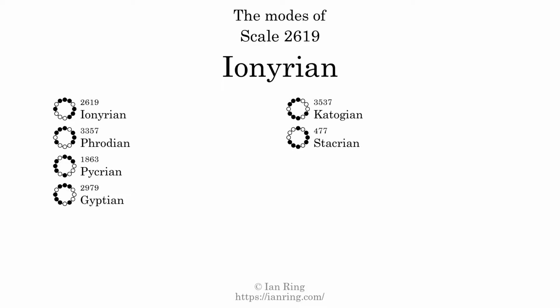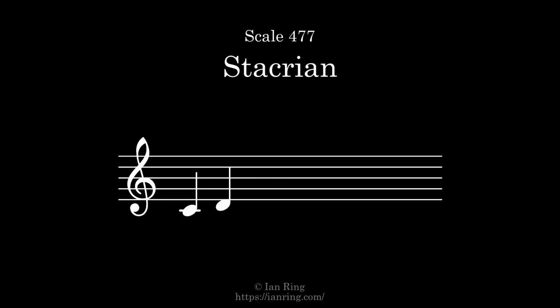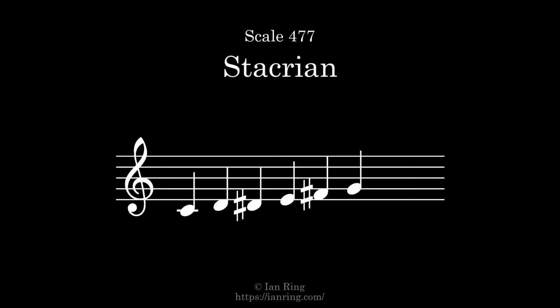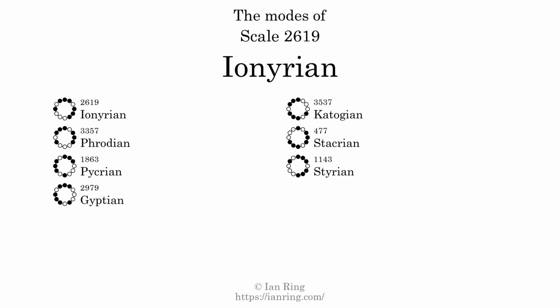The sixth mode is scale 477, also known as Stacrian. It sounds like this. The seventh and last mode is scale 1143, also known as Styrian. It sounds like this.